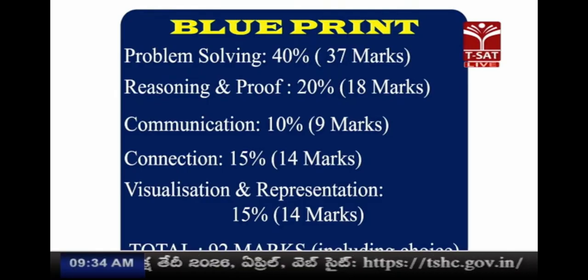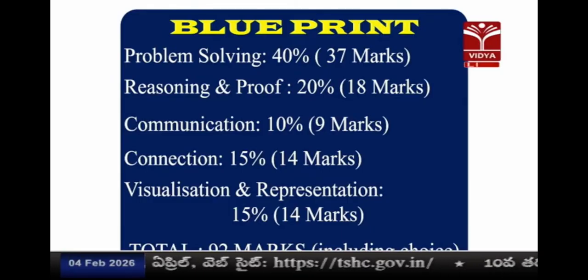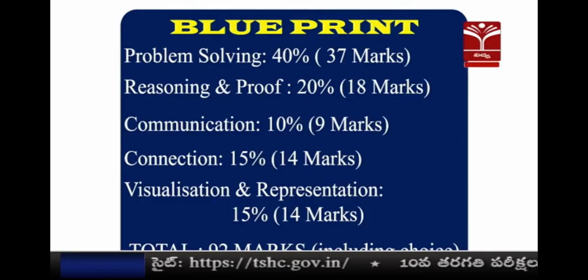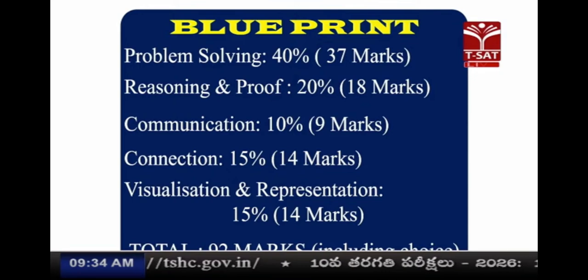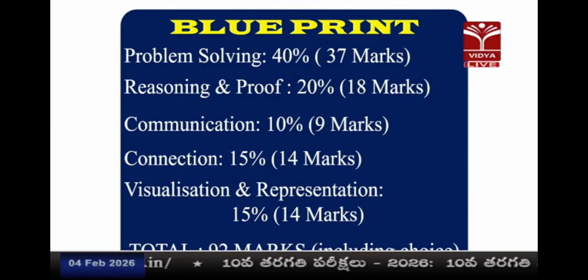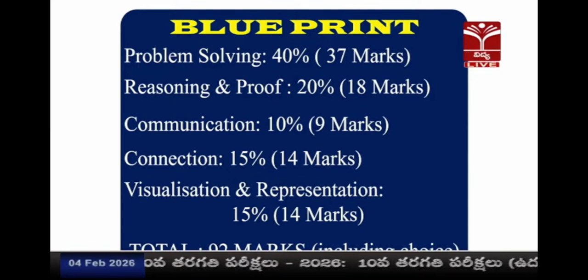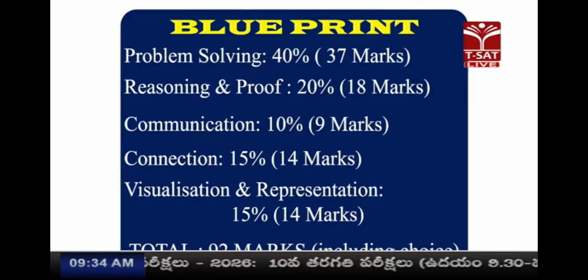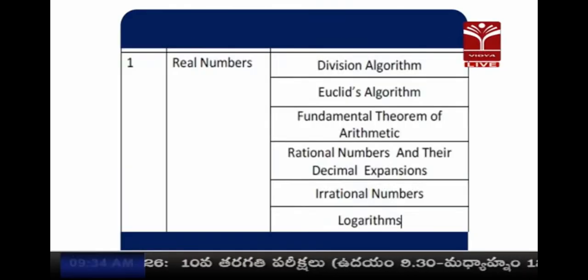And of course connection and visualization, each academic standard is having 15%, means 14 marks from each, and including choice the paper will be for 92 marks. Now, this is the paper pattern.